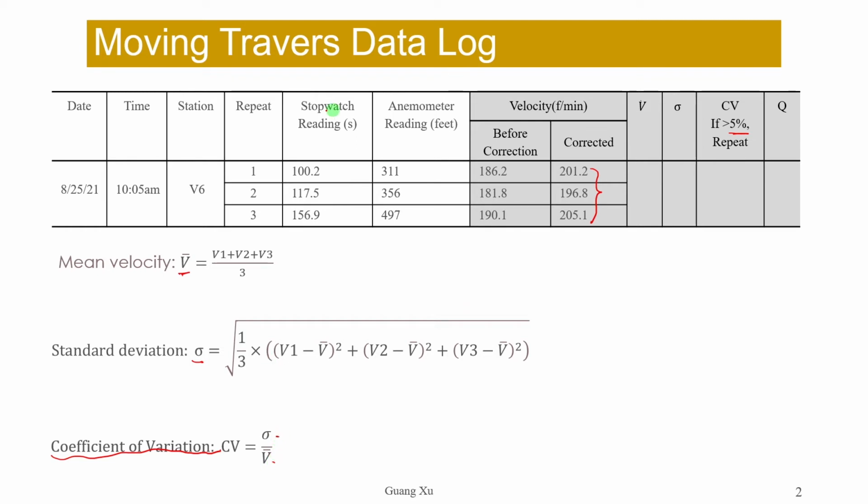So in this example, the mean velocity equals 201.2 plus 196.8 plus 205.1 divided by 3, that equals 201 feet per minute.